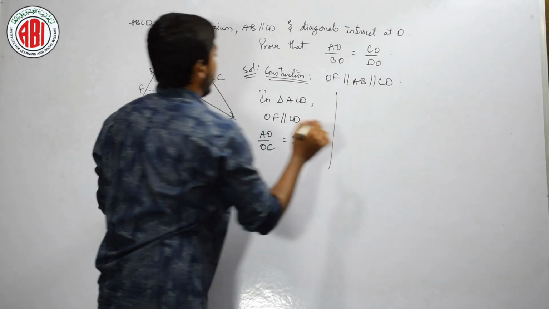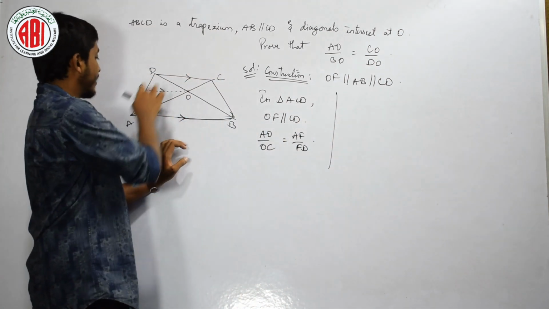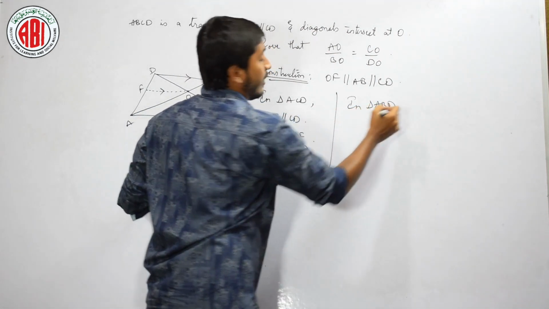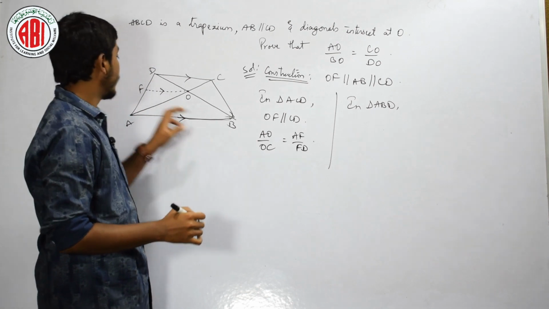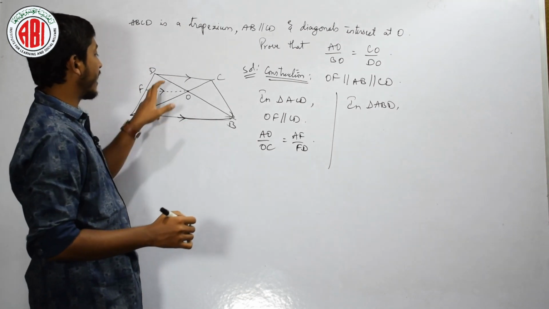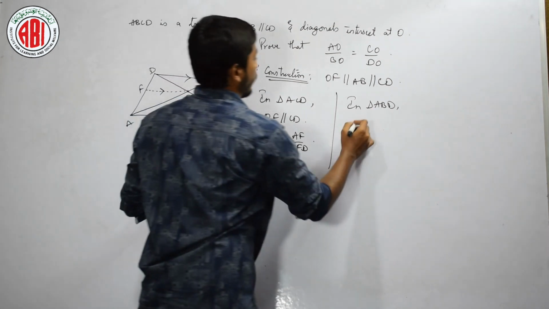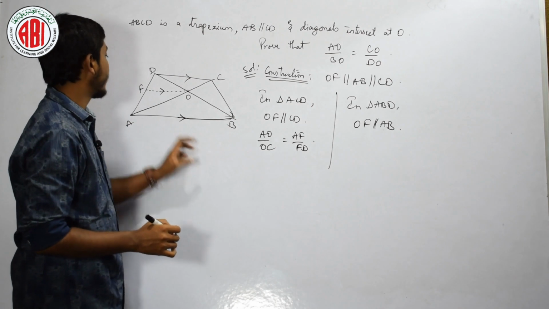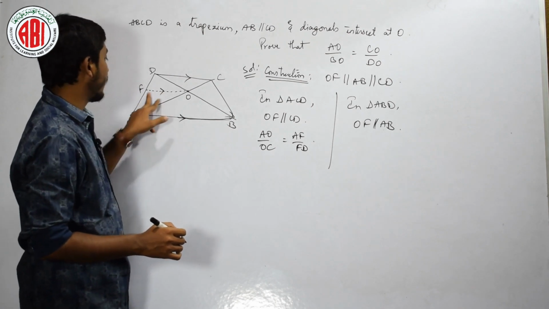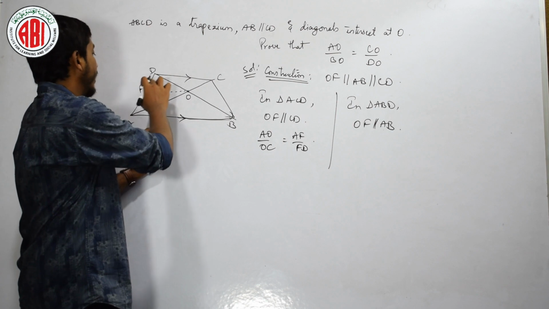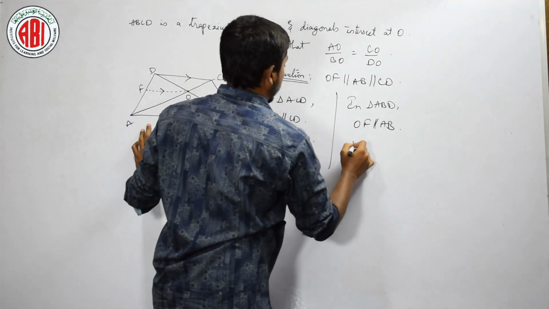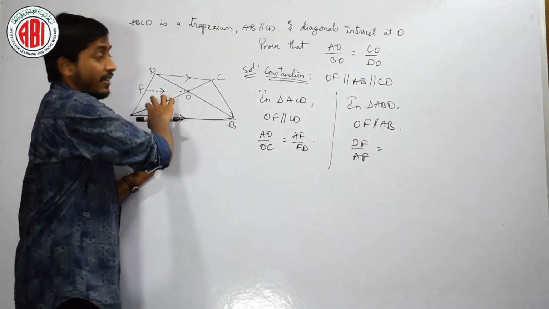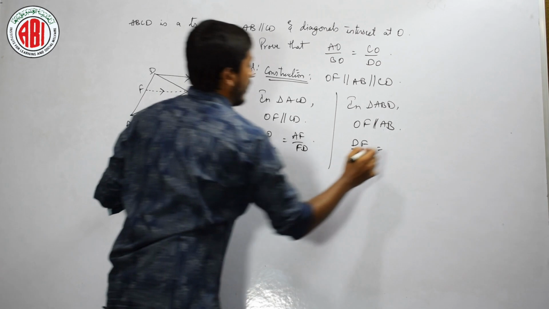Next, let us consider triangle ABD. In triangle ABD, OF is parallel to AB. What is the condition here? If OF is parallel to AB, then DF by AF is equal to DO by OB.